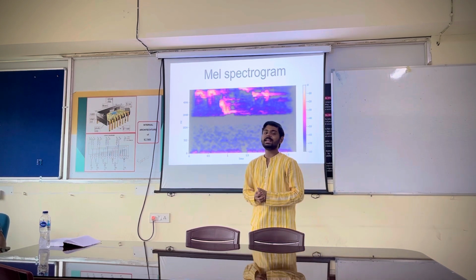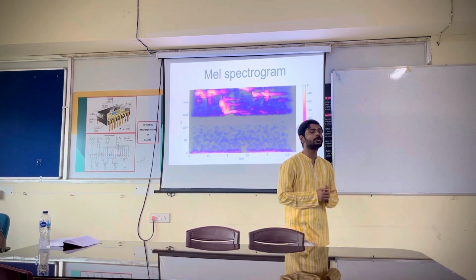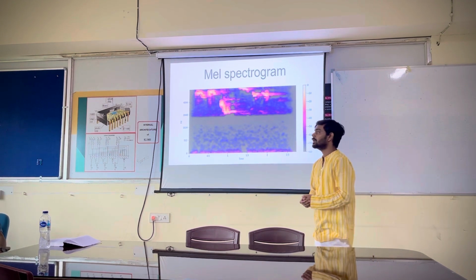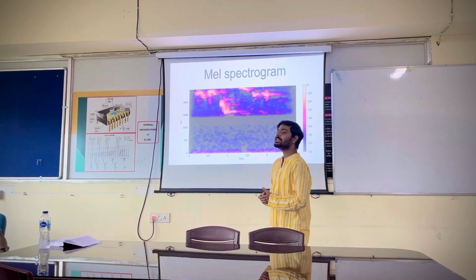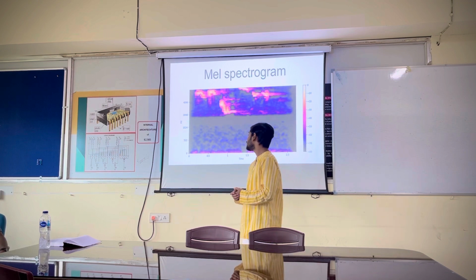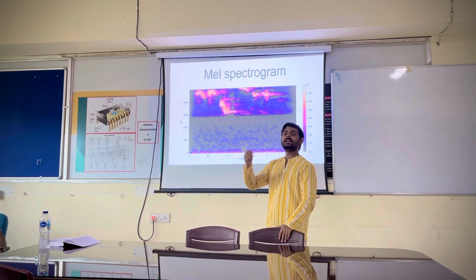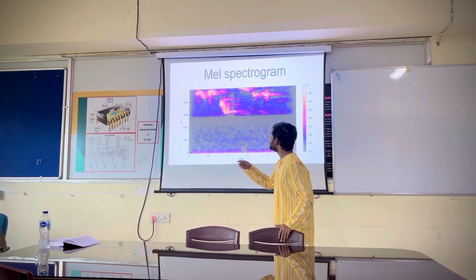So taking the human ear into consideration, another scale was developed called the Mel scale. The Mel scale is logarithmic in nature. Taking the spectrogram and then converting it to the Mel scale gives us the Mel spectrogram.